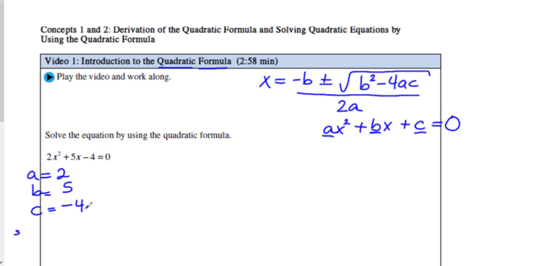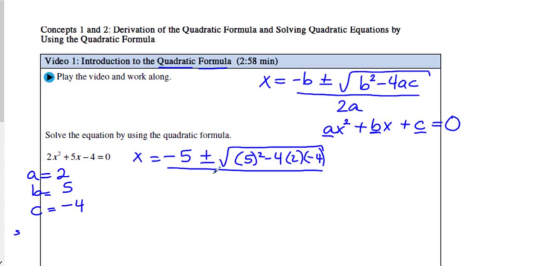Be sure you carry the signs with the coefficients. So x equals negative b, so negative 5, plus or minus the square root of b squared minus 4ac, all over 2a. Be sure you carry the signs. And now we're just going to work it out.